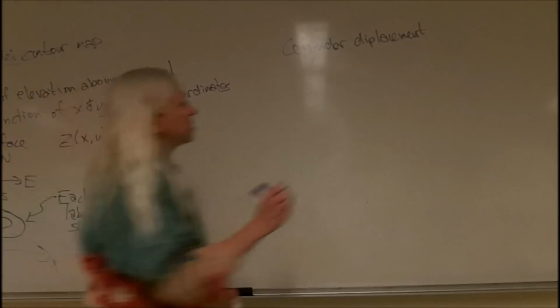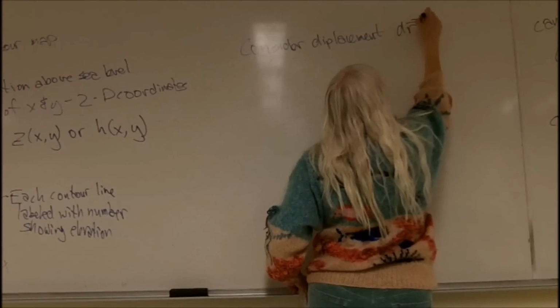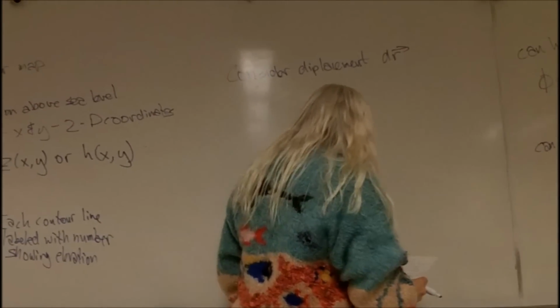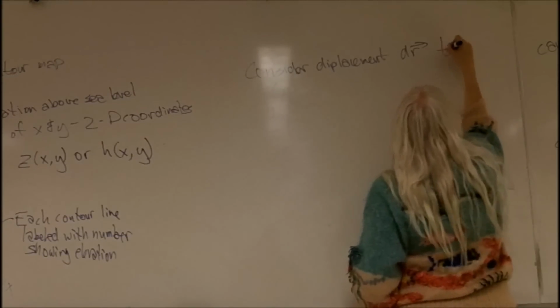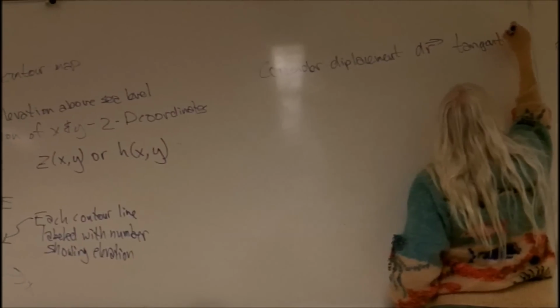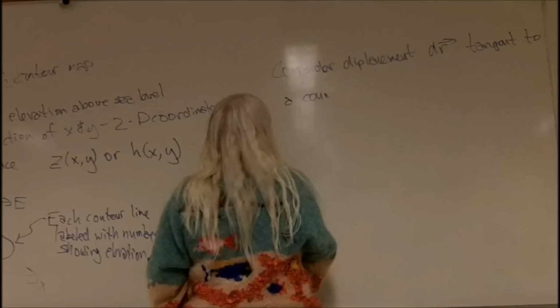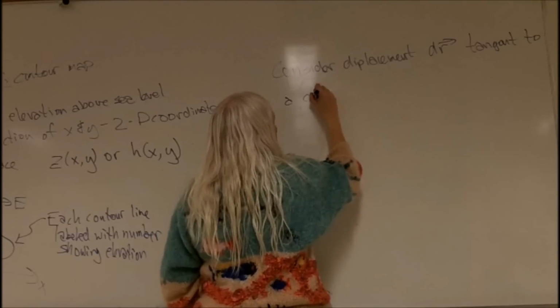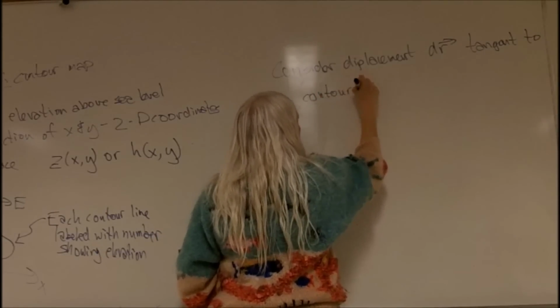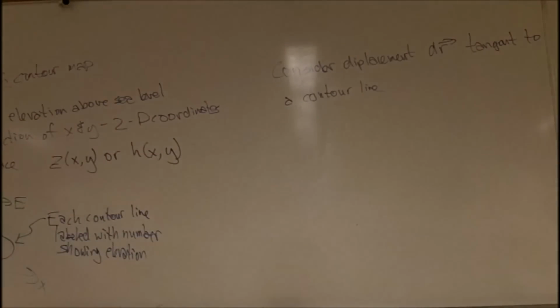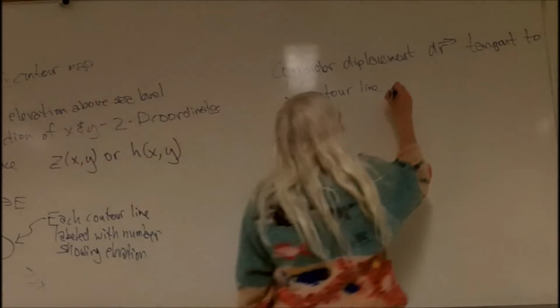And let's consider a displacement, a vector dr, an infinitesimal displacement that is tangent to a contour line. So if I'm at this location right here, consider a dr like that, tangent to this contour line that I'm on. So imagine moving a little bit in that direction.